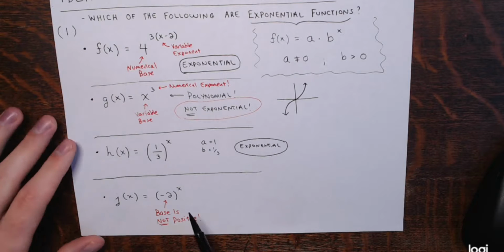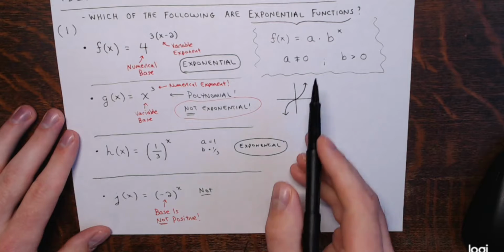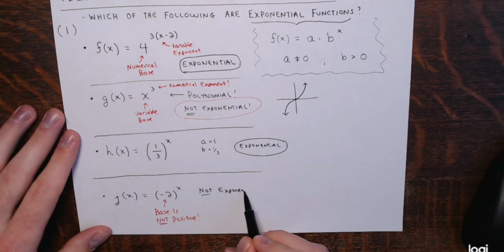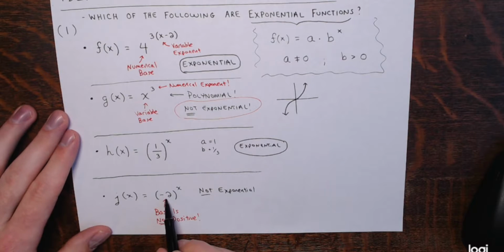The base is not positive, so this is not, by our definition, exponential, even though it looks like it is. It has the same form. a is 1 and then times some number to the x power, but that number is not a positive number.